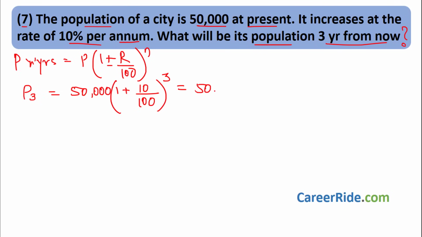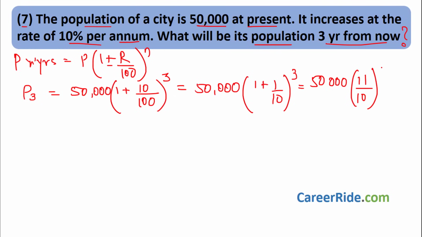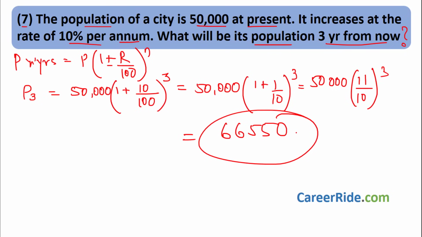That would be 50,000 into 1 plus 1 by 10 whole cube, that would be 50,000 into 11 by 10 whole cube. On solving this, you will get 66550. So this is the population 3 years from now. See how easy it was, just use this formula and solve the answer.